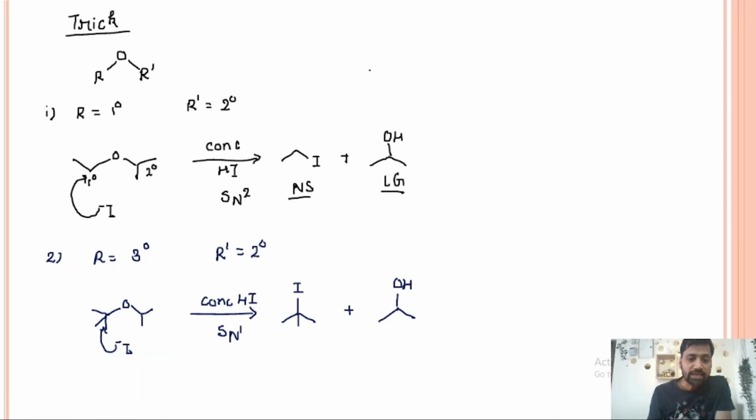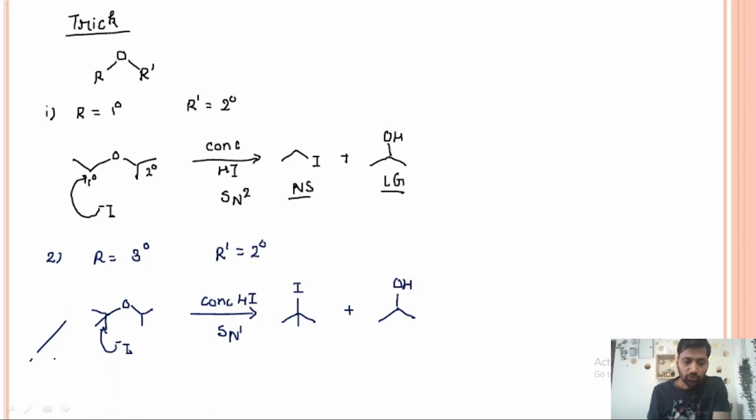if there is excess of HI, the products that we have seen till now are formed when you take the stoichiometric amount of HI for this reaction. But if you have taken an excessive amount of HI, an unlimited amount of HI, then in all these cases, as you can see, the leaving group is formed in the form of alcohol.